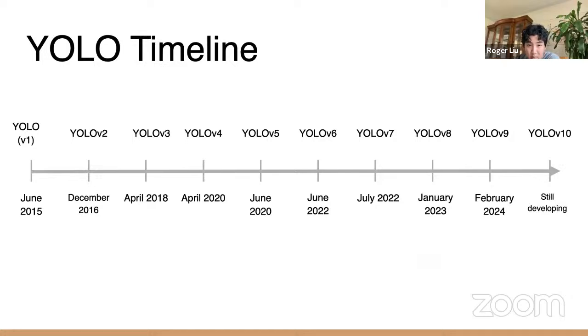YOLO v6 was sourced from Meituan in 2022, and it's used in industry nowadays in the company's autonomous delivery robots. YOLO v7 was added in July of 2022, and it just improved. And YOLO v8 is the latest YOLO by Ultralytics.